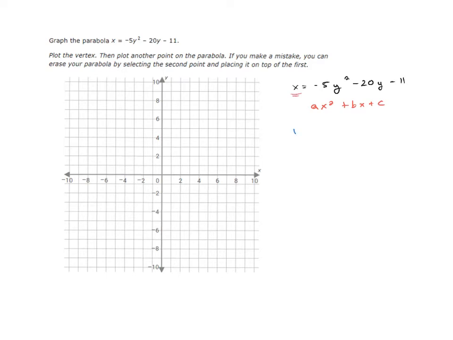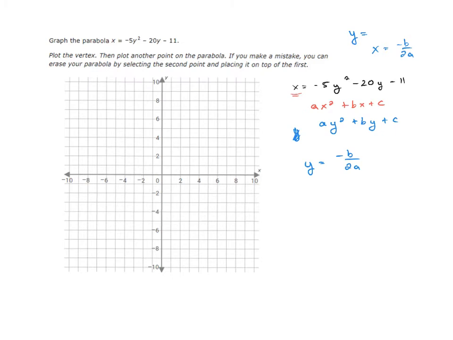So if it's x equals, it just turns into a y squared plus by plus c. And then your y is equal to -b over 2a. If it were y equals, your x would be equal to -b over 2a.